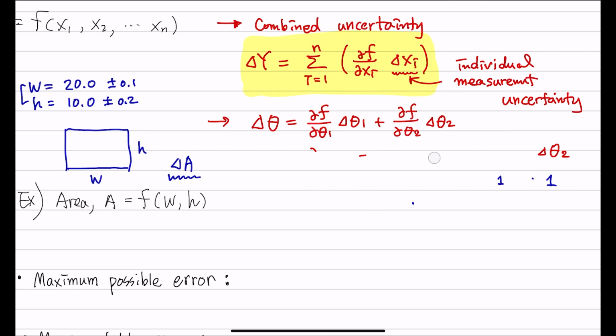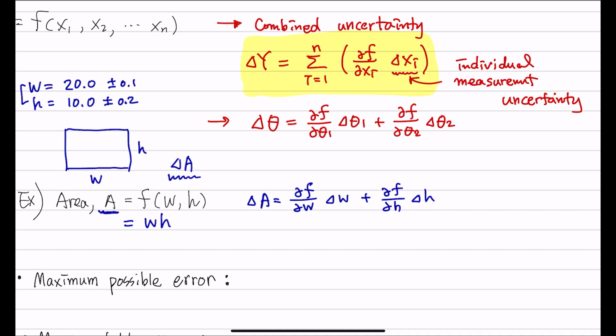So let me just erase this to find some space. Delta A is del F over del W times delta W plus, we have the second variable like that, times delta H. And what's this function, F? What was that? W times H. Yes, correct. The area is obtained as W times H, right?